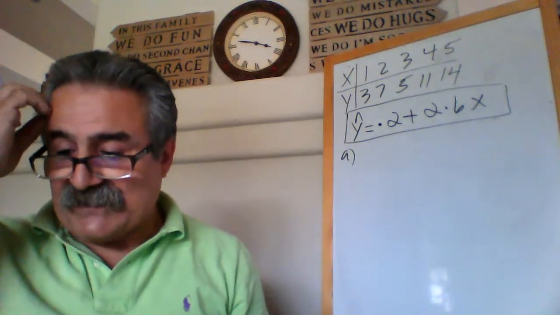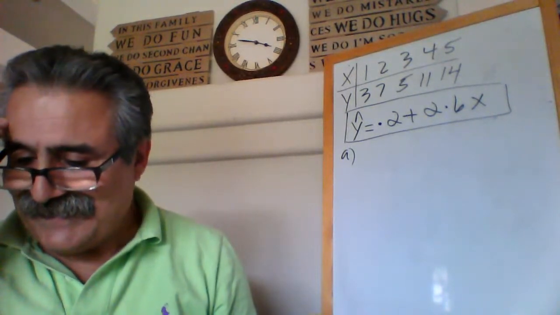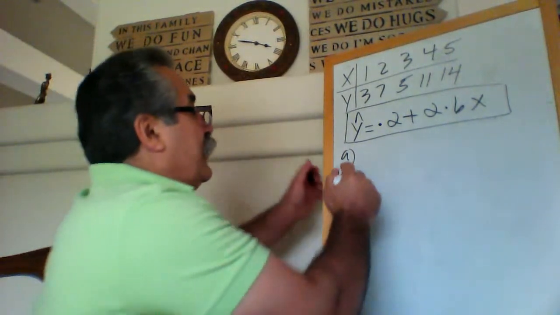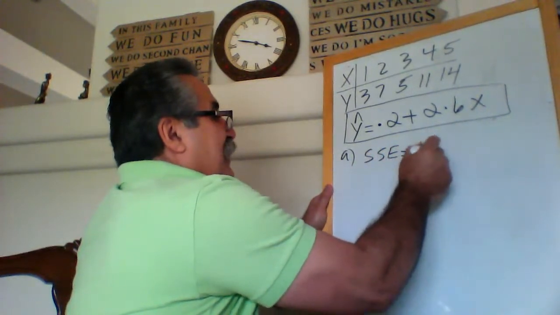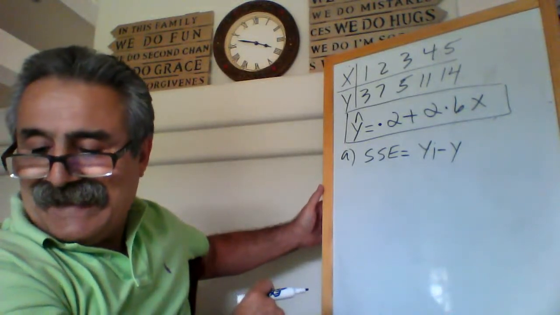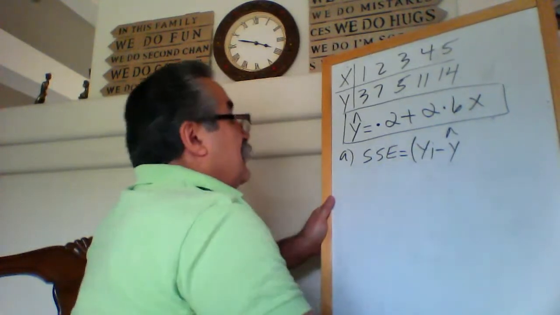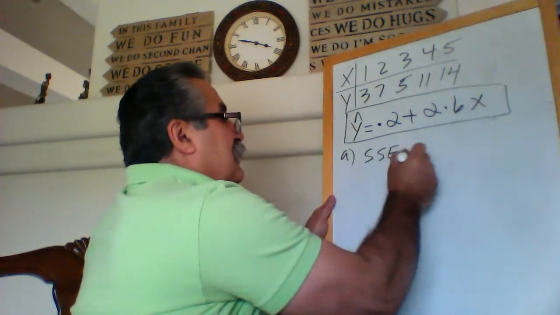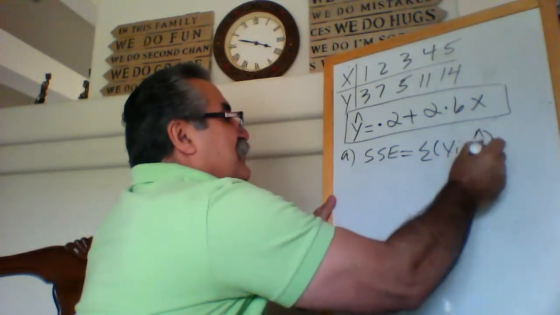So using those equations that I gave you, to find SSE, SSE is equal to sigma of yi minus y hat squared.